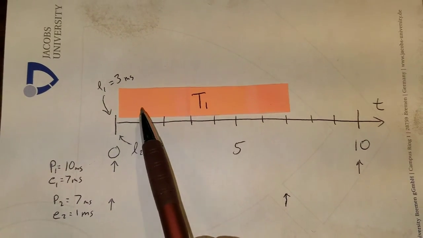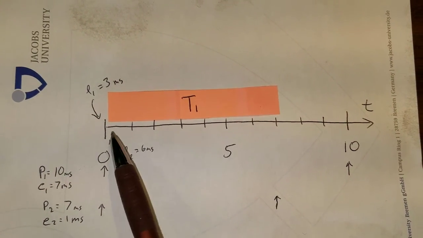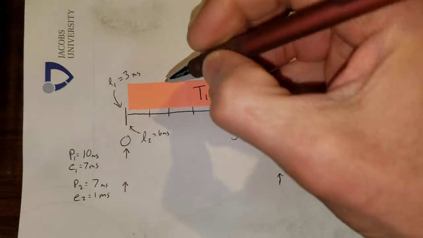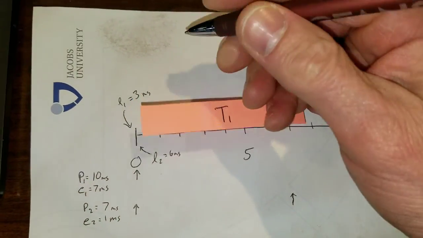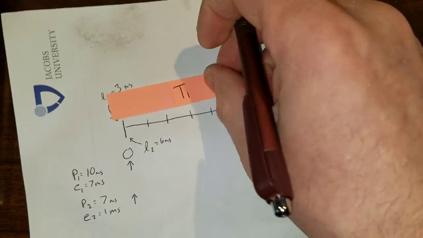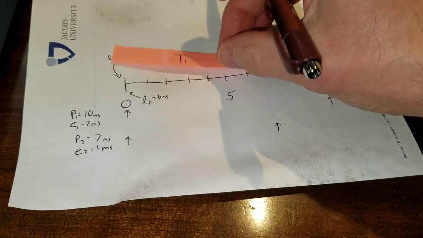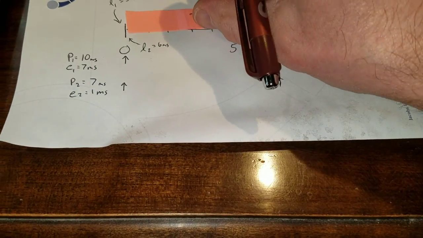Imagine here at time t equals 2 now. 2 milliseconds of task T1 is all used up.